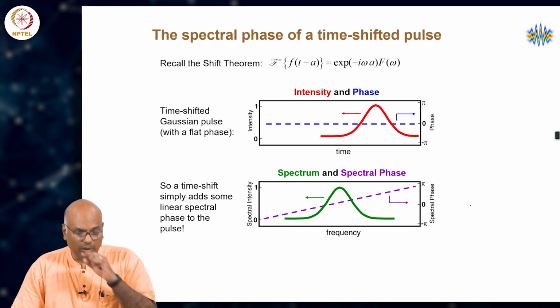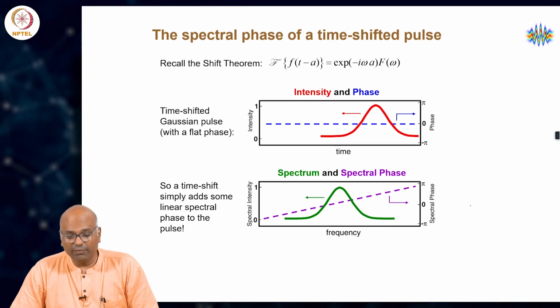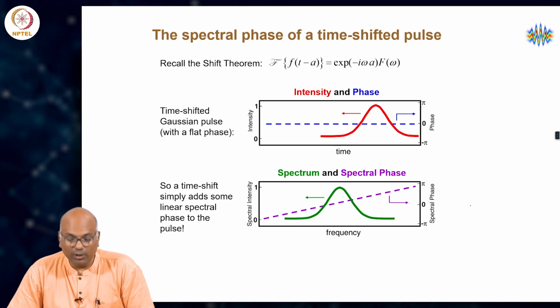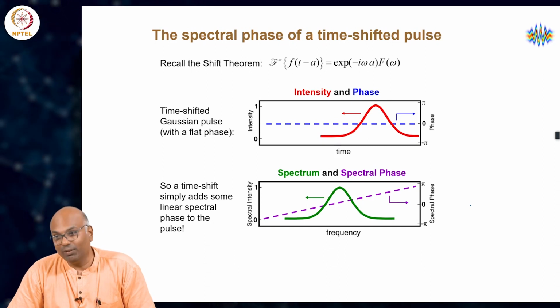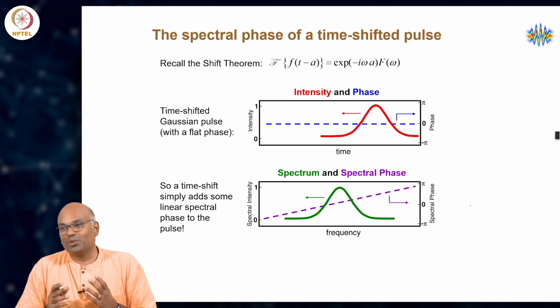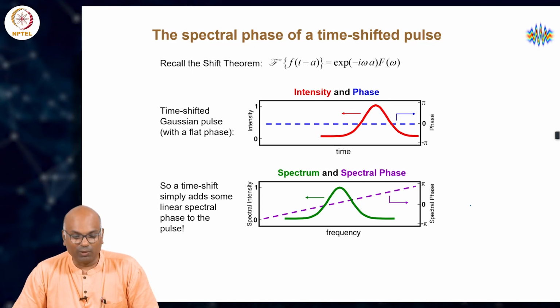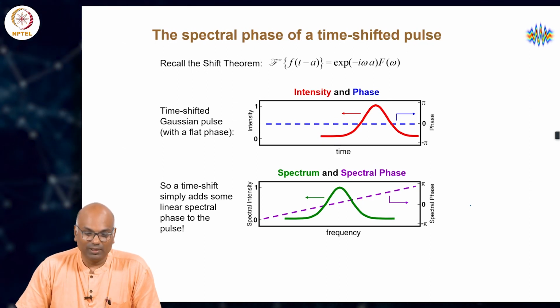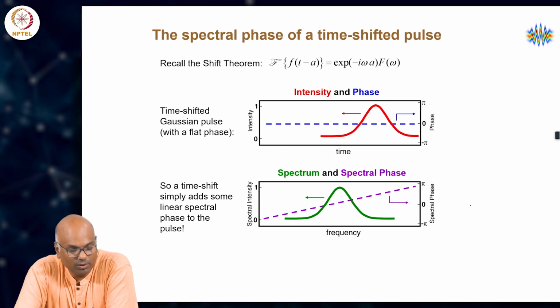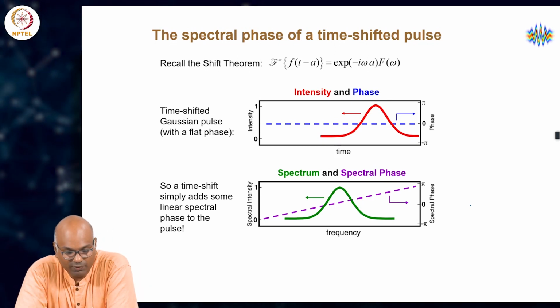Okay. So, now we not only want pulses, or rather even if we want them, pulses have to be moving in time, right. The clock keeps ticking. If there is one thing that does not stop, it is light. So, then recall the shift theorem.